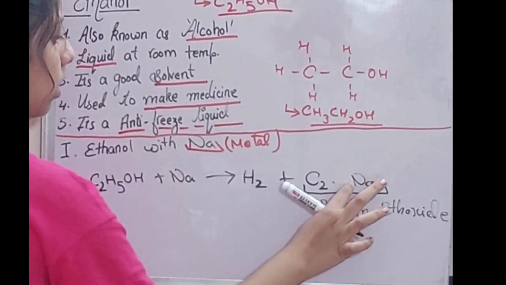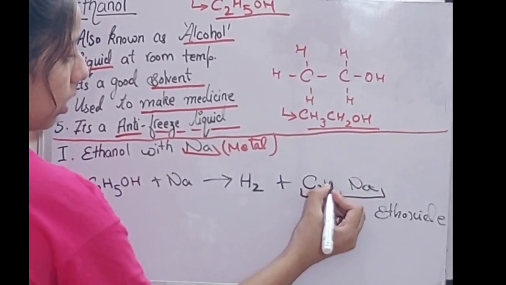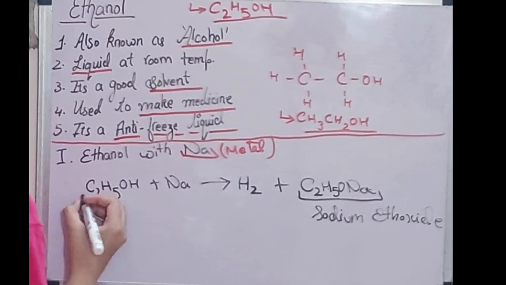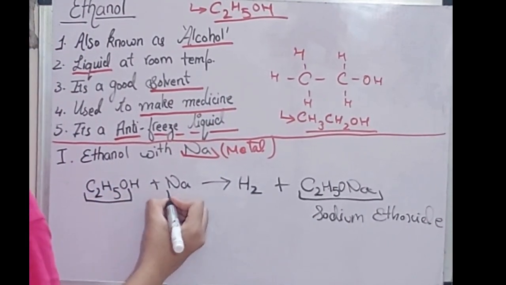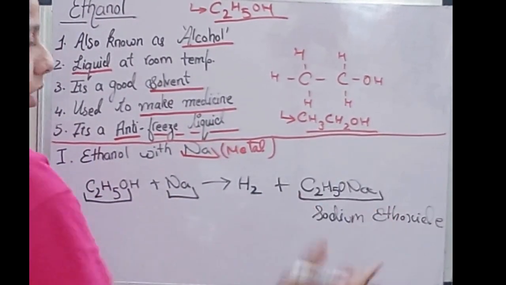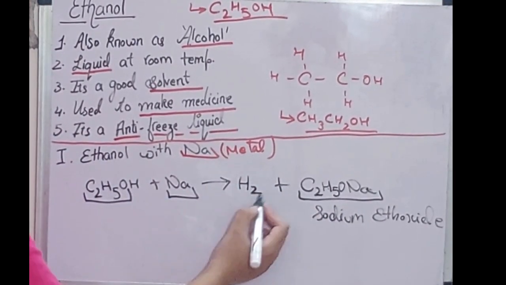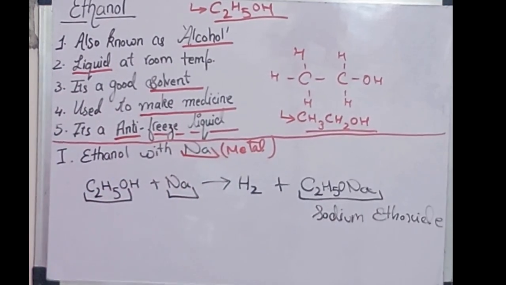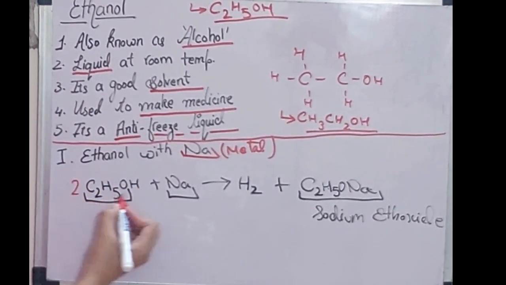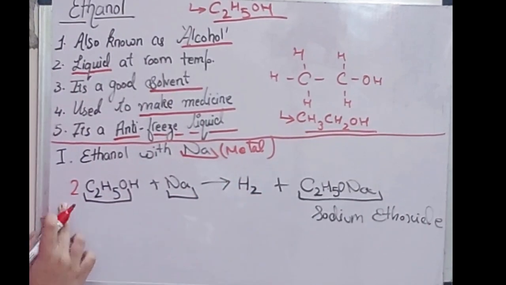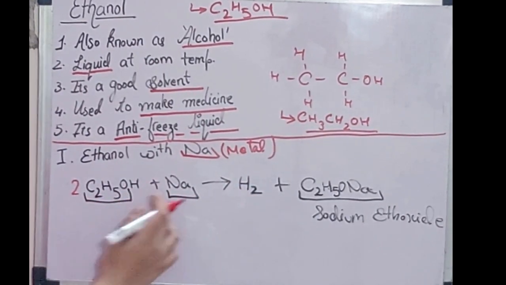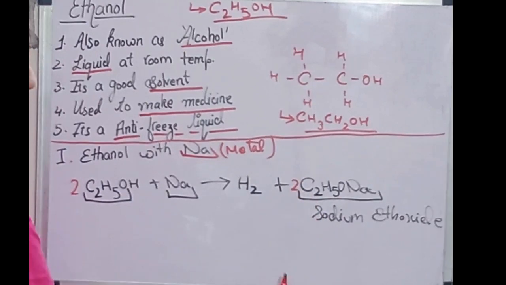So C2H5O and this Na combine together to form sodium ethoxide, and this H is hydrogen. So now we will do the balancing. For balancing, we'll put 2 here, and this will be 2, and this will be 2.